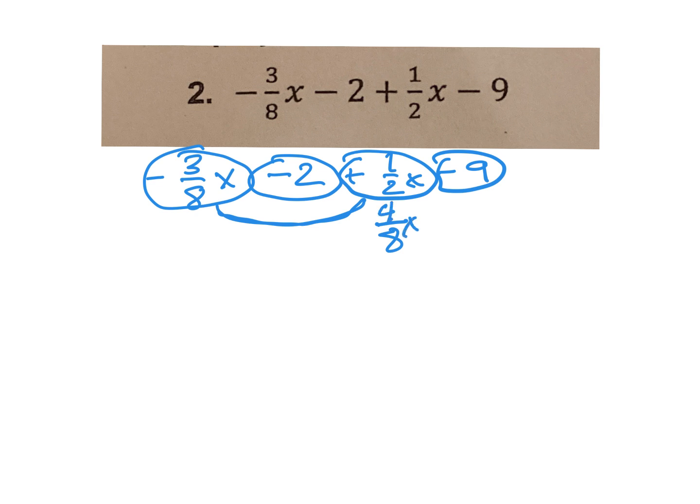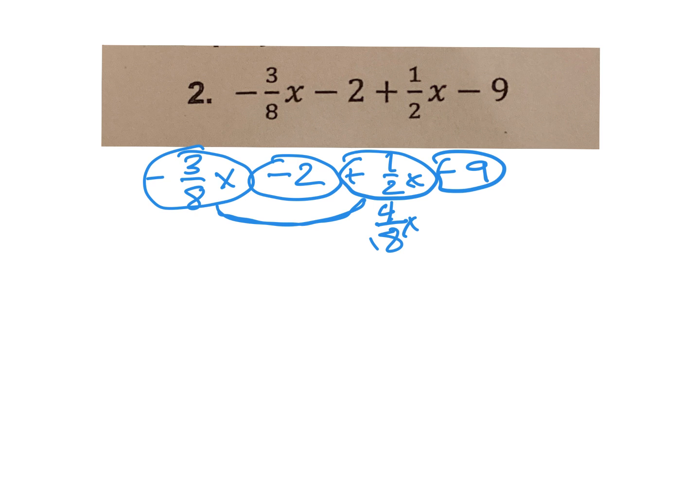And then looking at 4/8 and 3/8, I know that 4/8 is bigger than 3/8 in absolute value, so I've got to find the difference of it. And once I find the difference of those two, I know that it will be positive because I start out with more in the positive number.